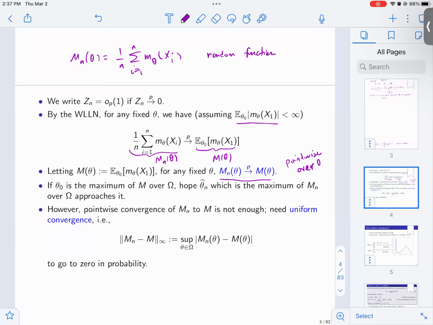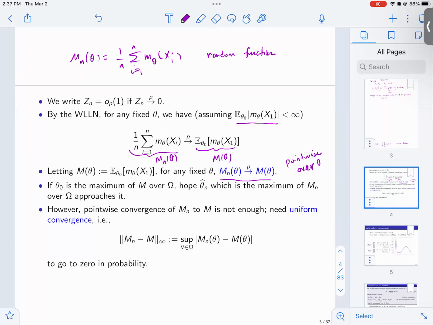Uniform convergence means that if you look at the deviation of the function M_n theta from M theta, and you take the supremum over the entire parameter space, the infinity norm or sup norm, this converges in probability to 0.